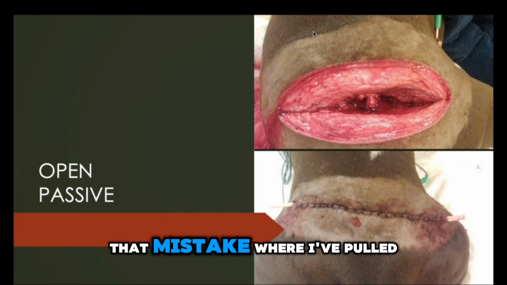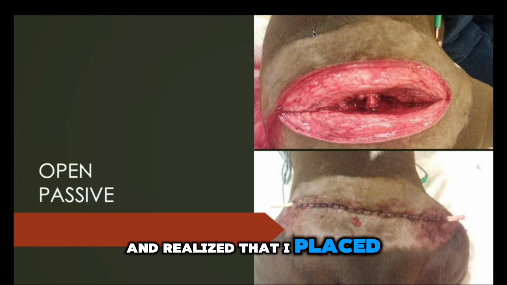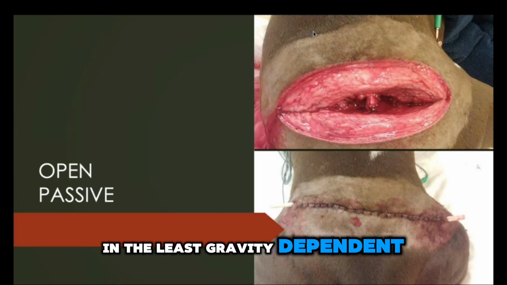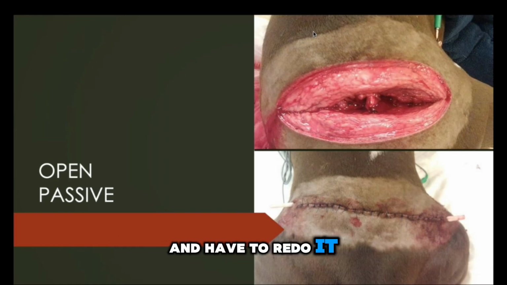I've certainly made that mistake, where I've pulled all the surgical drapes off and realized that I placed the drain in the least gravity dependent portion of the body and had to redo it. There's no point in using an open passive drain and not having it exit at the most gravity dependent part of that wound or that body plane.